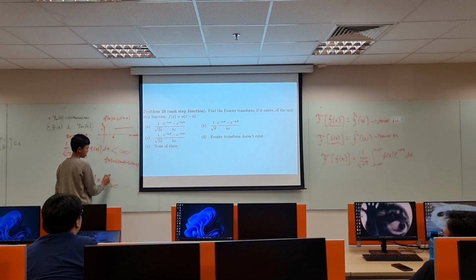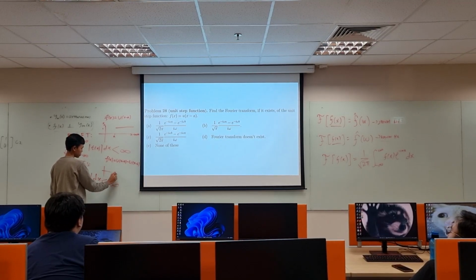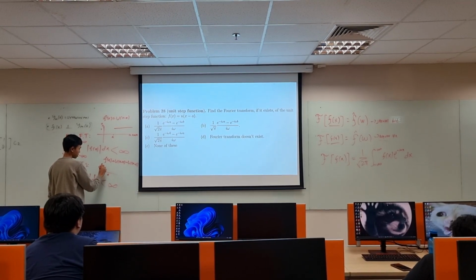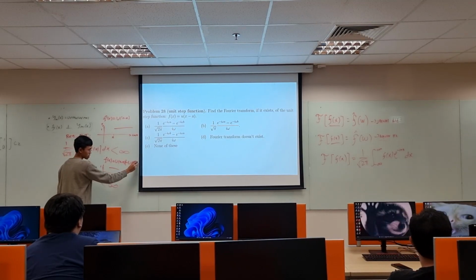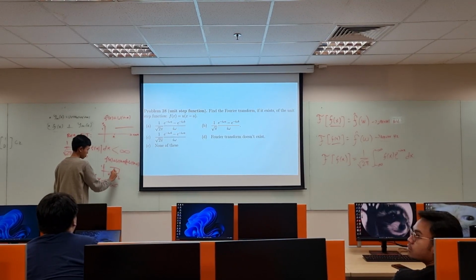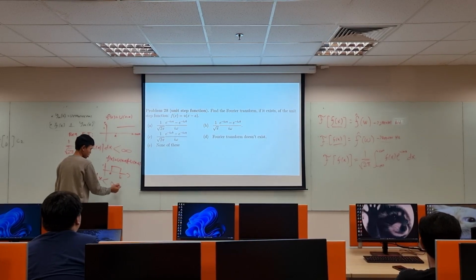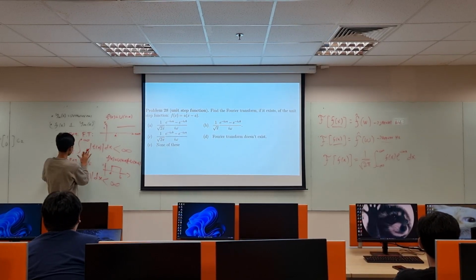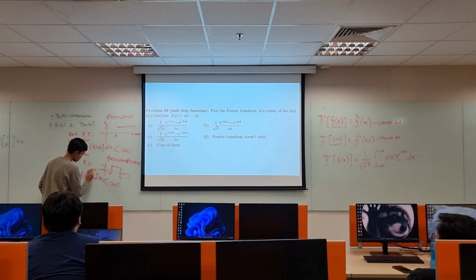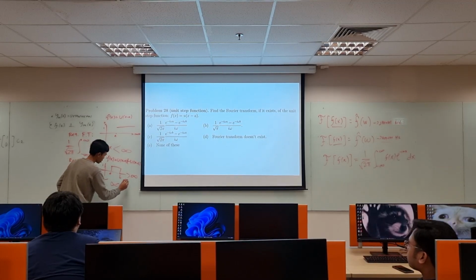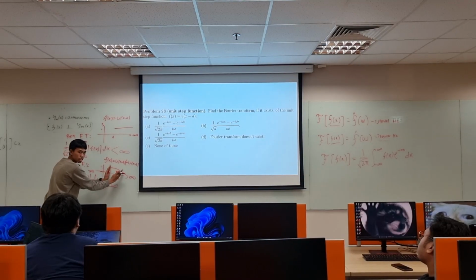Then the function becomes 1 at a, and at b it will stop because of the minus. Stop. So if we integrate from minus infinity to infinity, it will just become this.